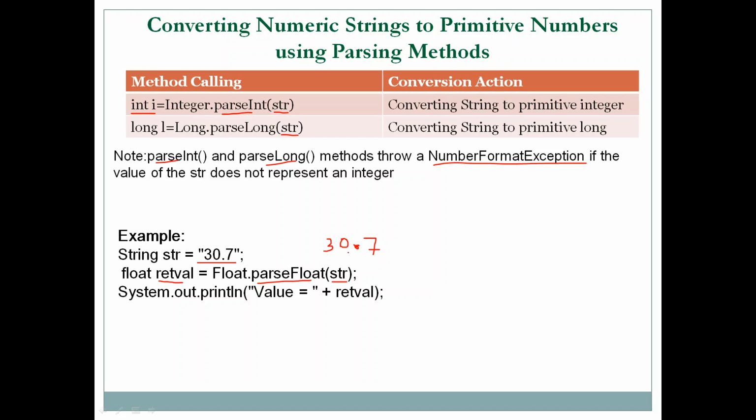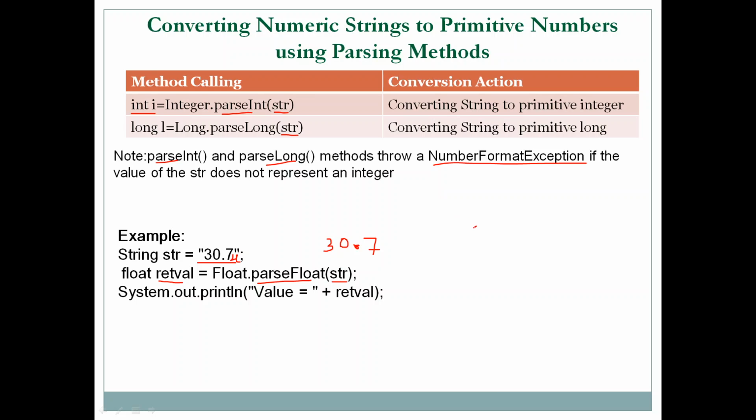For example, if I have a string 30.7x, and I try to convert 30.7x into float representation, this conversion fails because x cannot be converted into a floating type. X does not have a particular numeric value, so this conversion fails, and when it fails, it throws NumberFormatException.